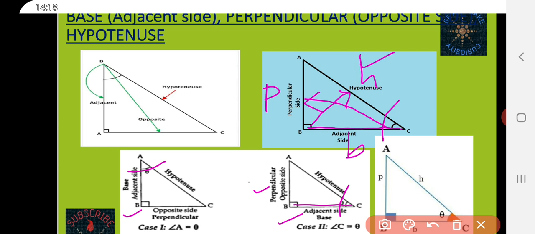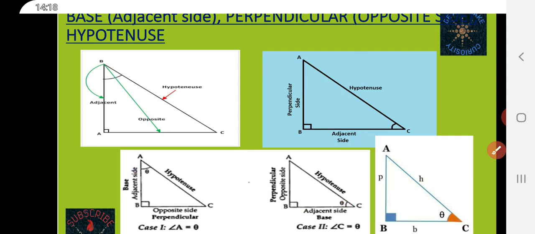So in this triangle ABC, AC is H, AB is perpendicular P, and BC is base B.